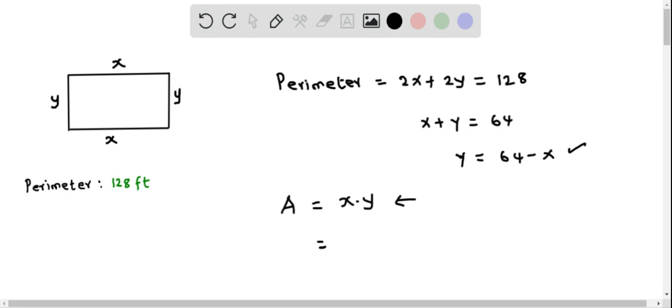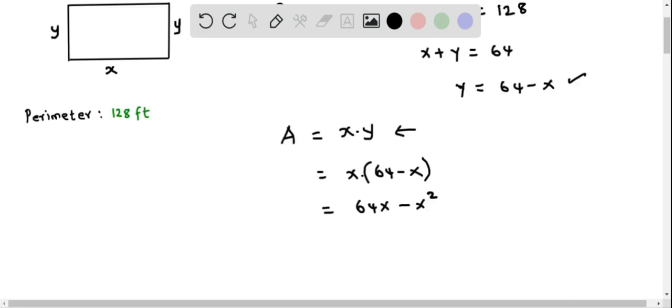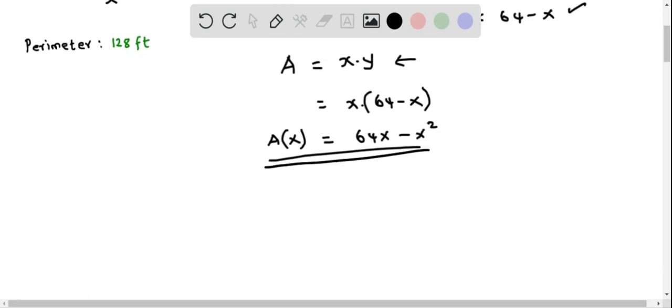So this equals x times 64 minus x, and when we distribute the x we get 64x minus x squared. So basically this is the area function, which we can write in function notation as A of x. And using this area function we have to determine the x such that area is maximum.